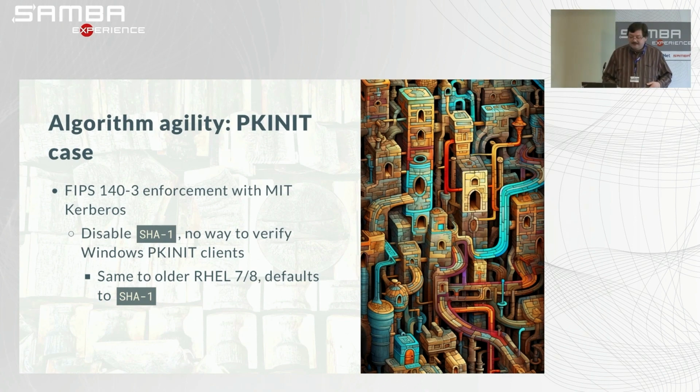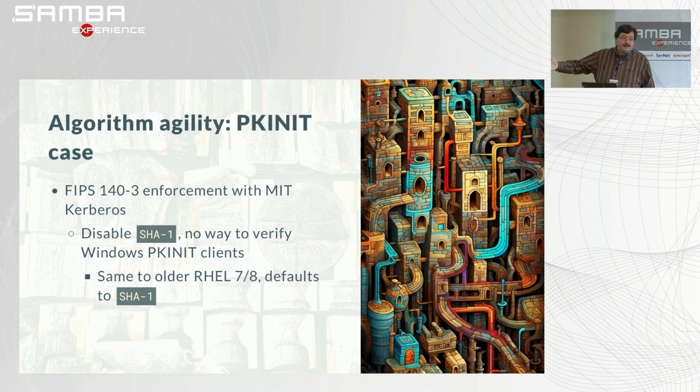The other thing is, if you disable SHA-1, you cannot verify Windows PKINIT clients because you cannot do elliptic curves in this implementation. But if you disable SHA-1, the older clients, your own older clients, RHEL 7, RHEL 8, will not work because they don't support this.